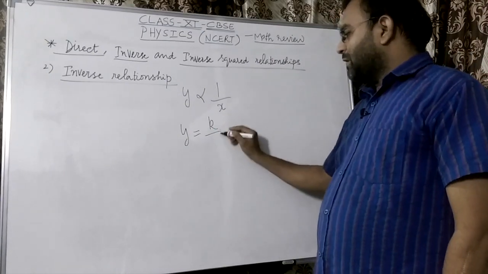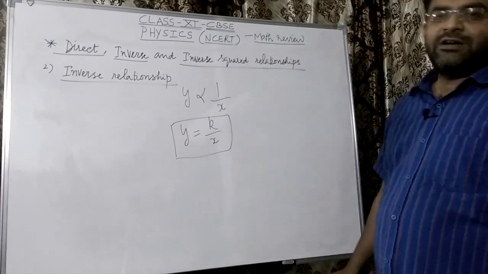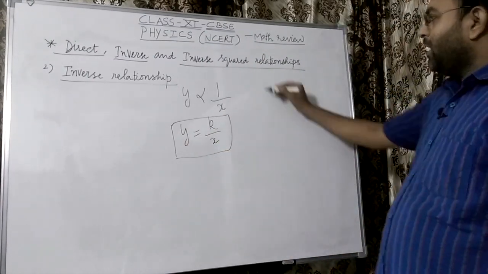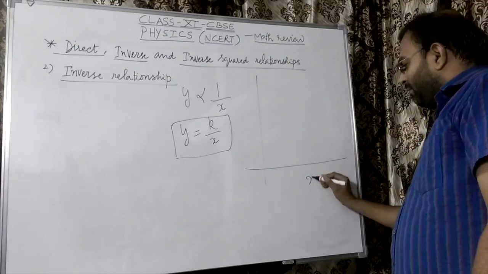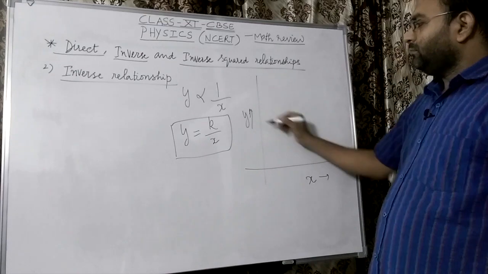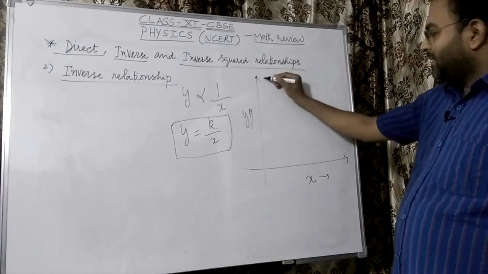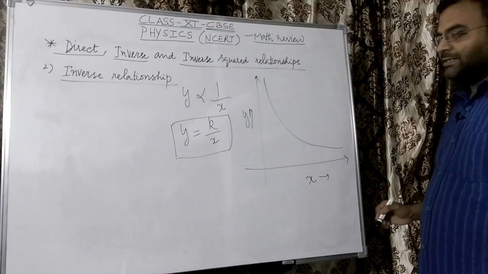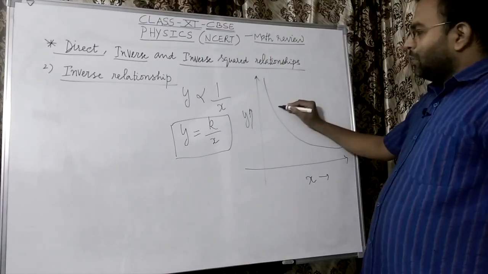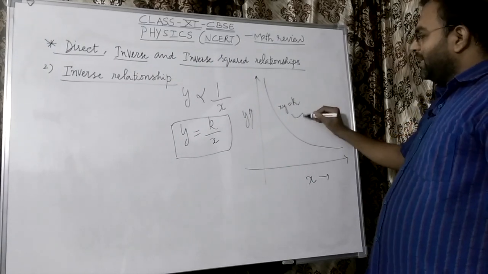So, y is equal to k over x is the expression for an inverse relationship. Therefore, if you plot a curve here between x and y, with y on the y-axis and x on the x-axis, you would get something like this. This is the y is equal to k by x curve, or xy is equal to k curve, which is a hyperbola.